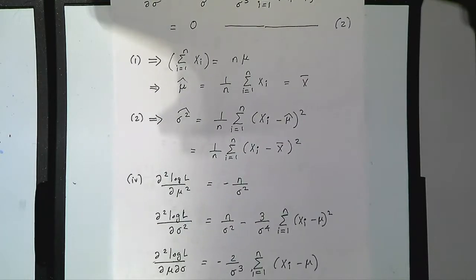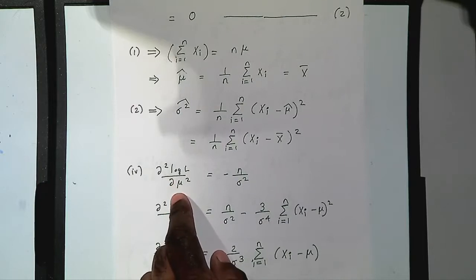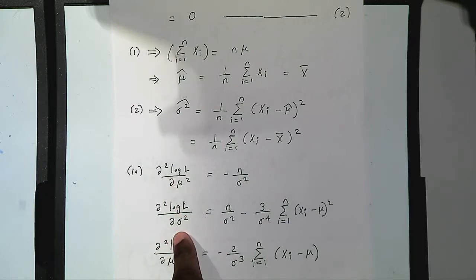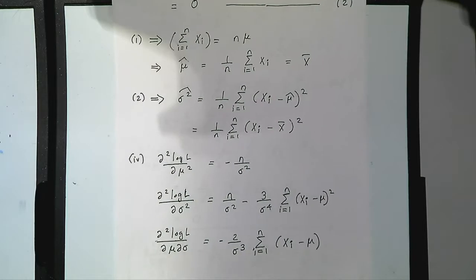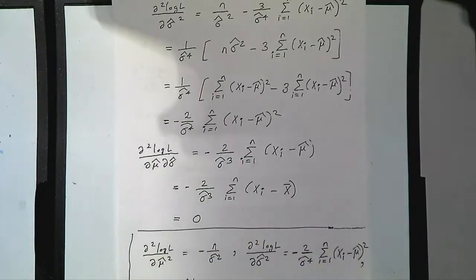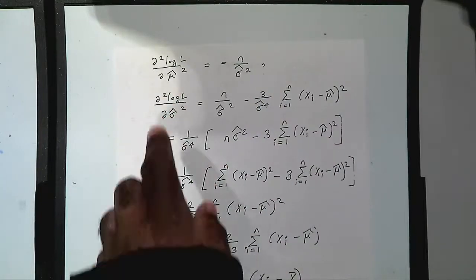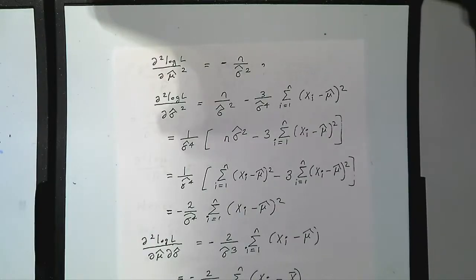Now step number 4 is to show the 2 conditions are satisfied. To do that, you need to find the second order derivatives. So this is the second order derivative with respect to mu, the second order derivative with respect to sigma, and this is the mixed derivative with respect to mu and sigma. If you work out the second order derivatives at mu hat and sigma hat, this is what you get.